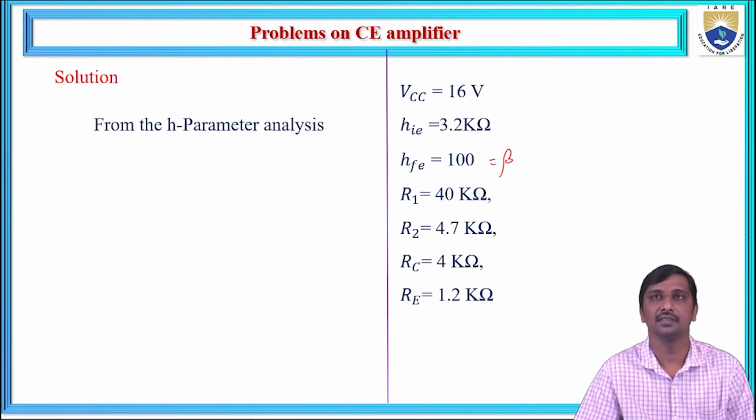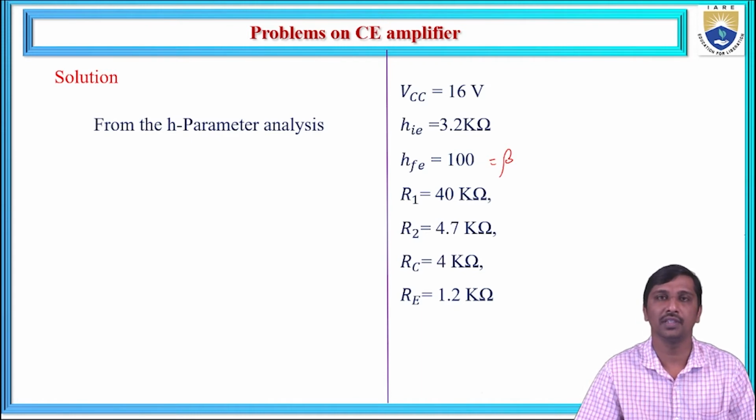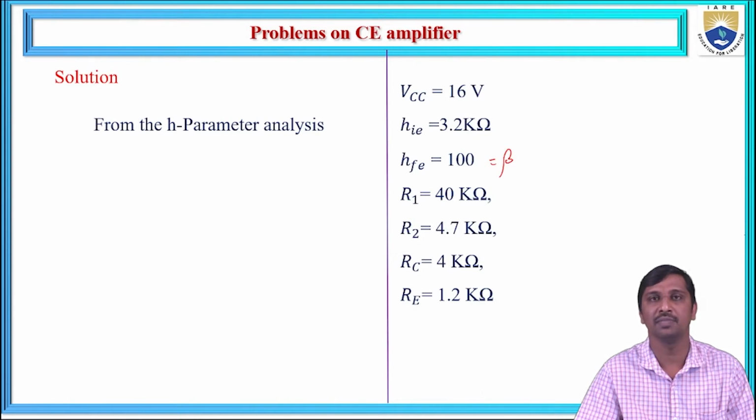From the H parameter analysis, if you observe the H parameters for a BJT, we have four H parameters. Those are the input impedance, output admittance, DC forward current gain, and reverse voltage gain.